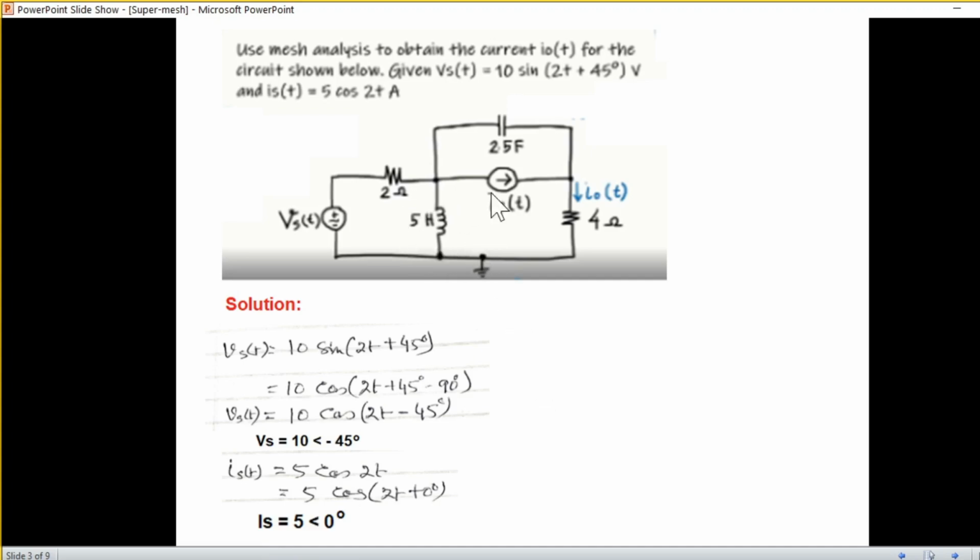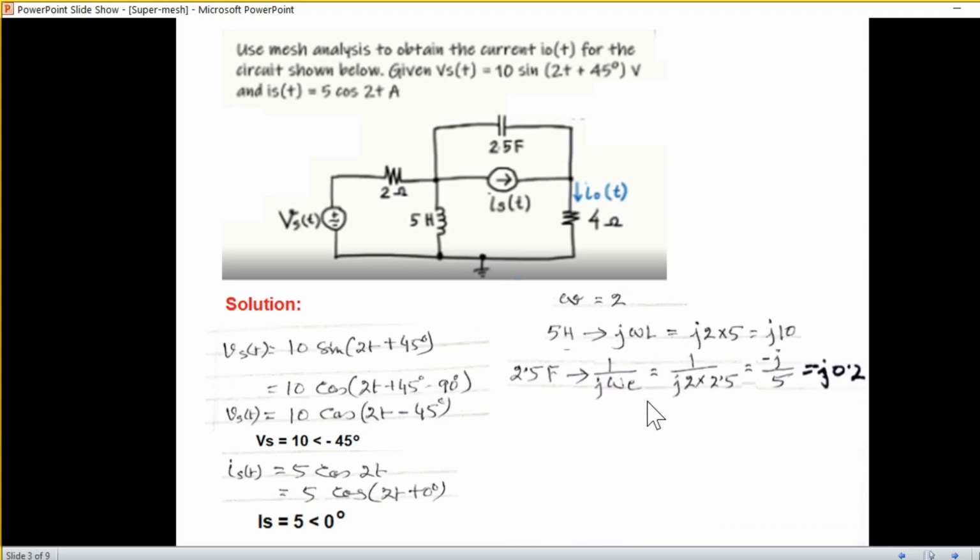Now the inductor and capacitor also have to be transformed into the phasor domain. From the given question, we can see that omega is 2, so we'll use that. The inductor is 5 Henry, so j omega L, j2 into 5, will be j10.